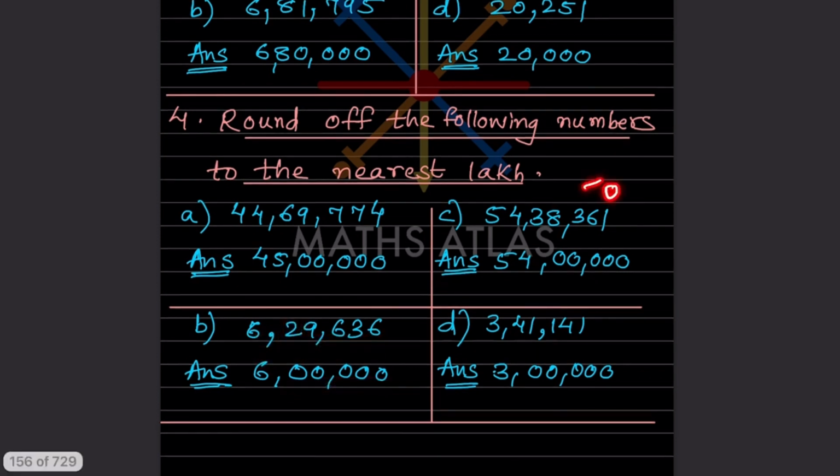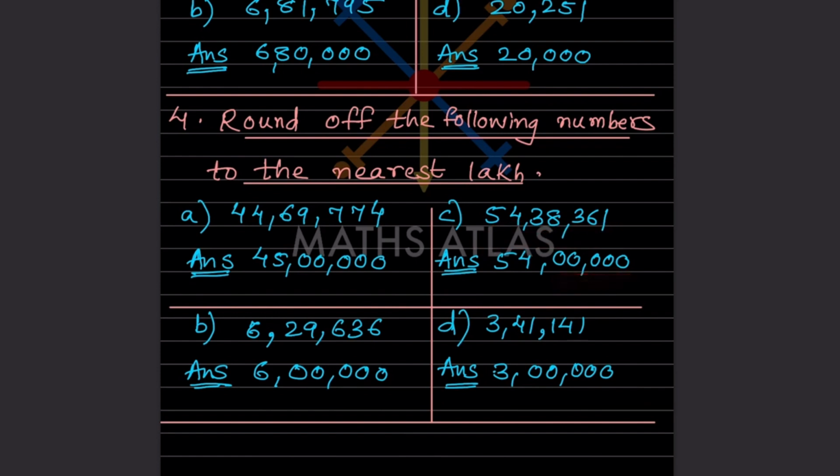Now ones, tens, hundreds, thousands, 10,000, lakh. Now we are going to concentrate on this 4. The 10,000 place here is 3. That is less than 5. So 4 remains the same, and of course the 5 remains the same. And this will be all zeros.